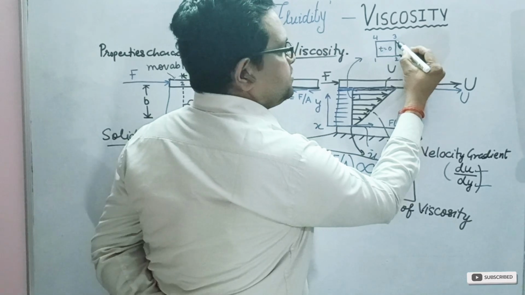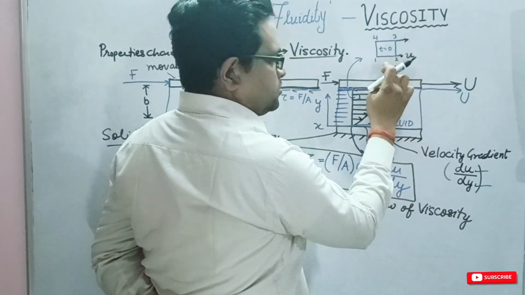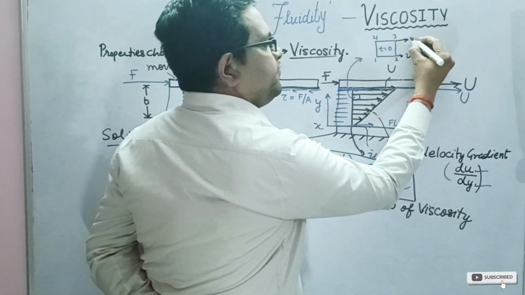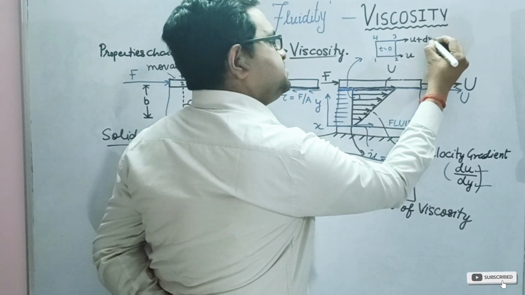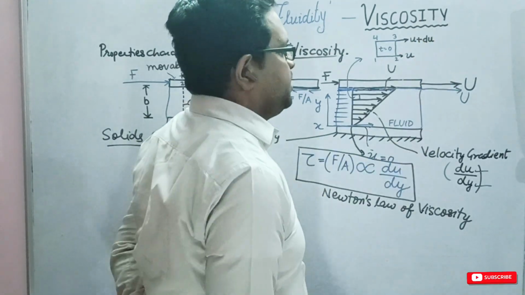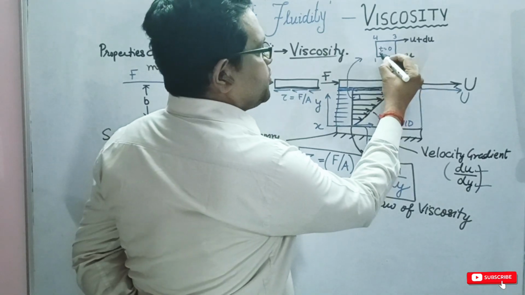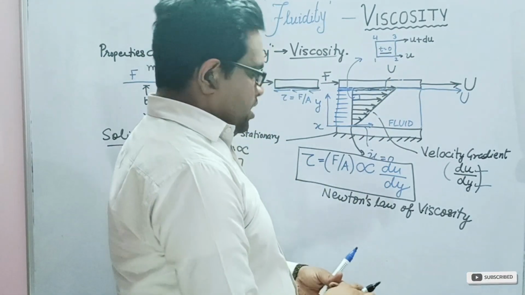Then the top layer of this fluid element will move with more velocity. Let us say that it is u plus du. This is the case when t is equal to 0.